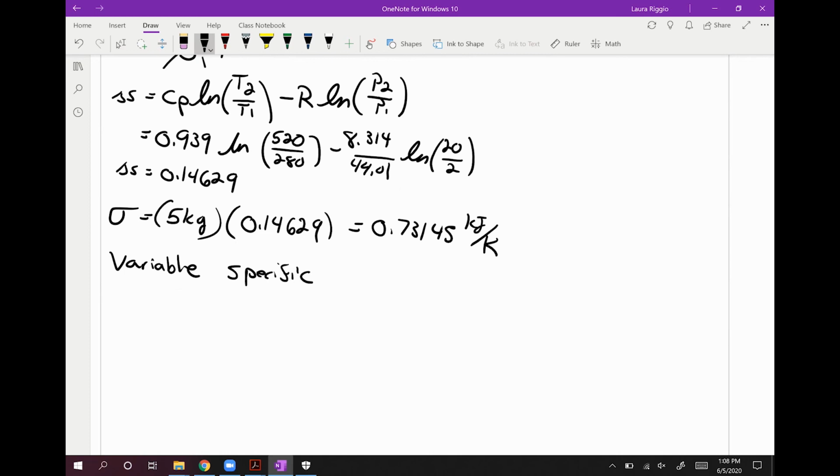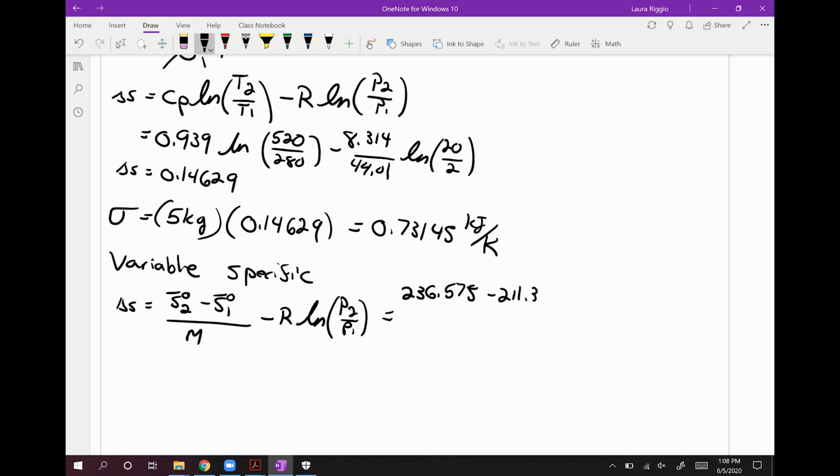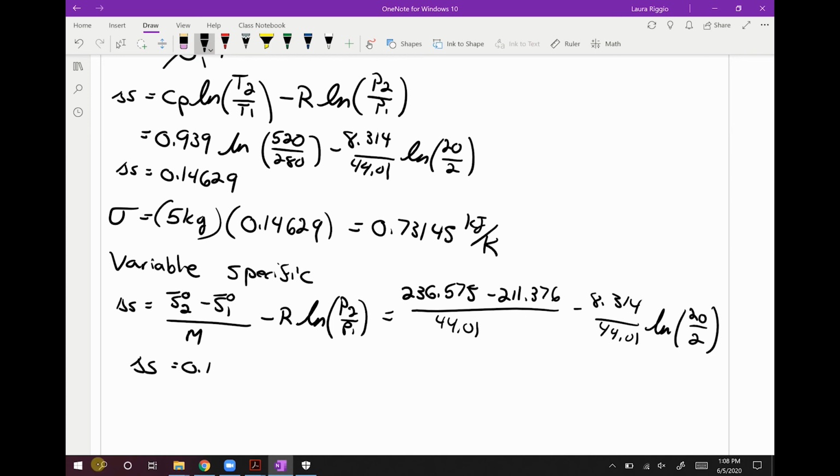If we were to do it with variable specific heats, that means we're going to go to the tables. Delta S is S naught 2 minus S naught 1 over molecular weight minus R times the natural log, which is equal to 0.73145.